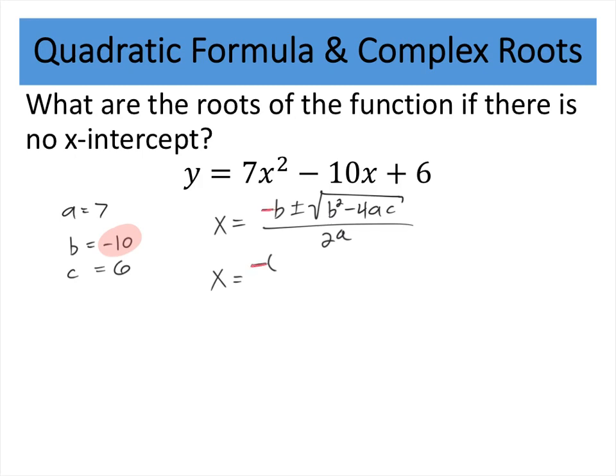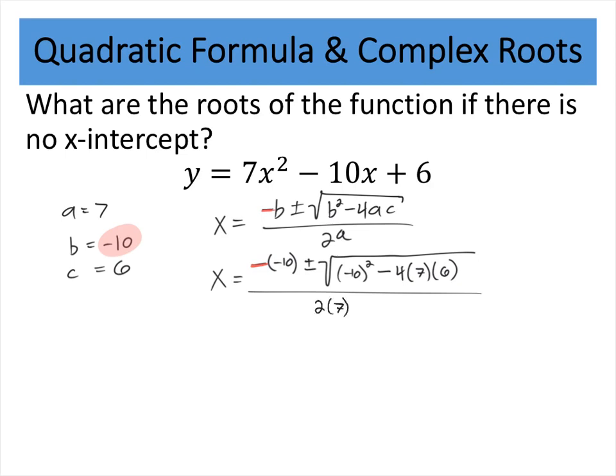So it's the opposite of negative 10, so there's a double negative there. Plus or minus the square root of negative 10 squared minus 4 times a times c, and I'm just replacing a and c with the numbers, all of that divided by 2 times a.